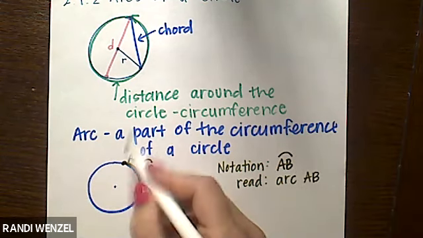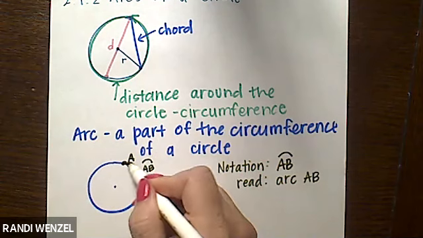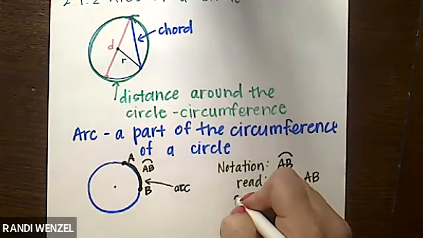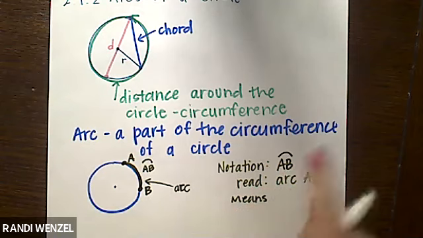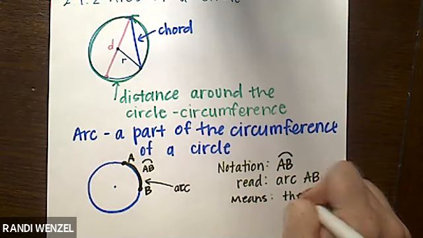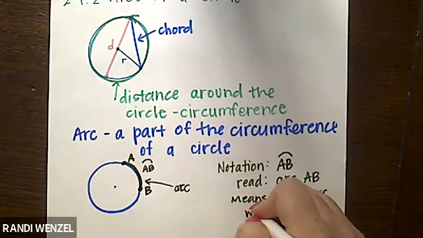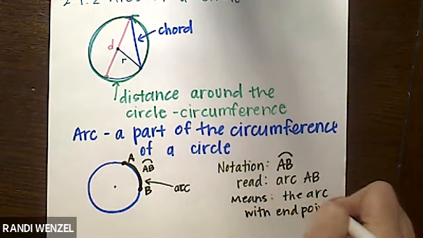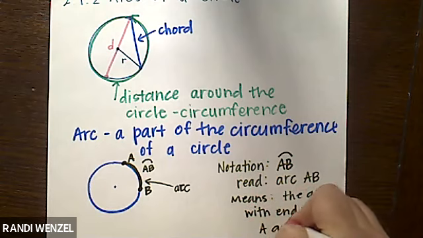So that's what they're referring to: the distance from one point to another on the circle. It's not all the way around. And what this really means is it's the arc with endpoints A and B.